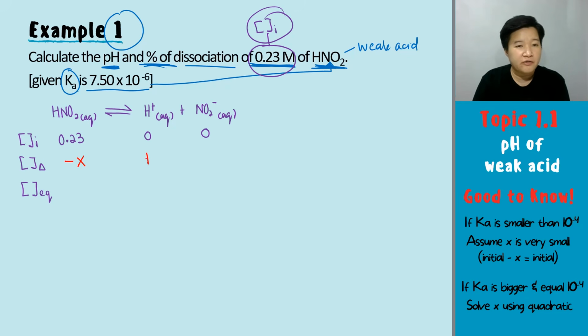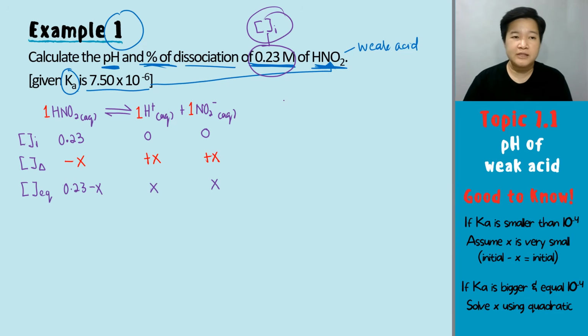Over the product, you have your plus X and also plus X. Everything is in 1-to-1 ratio because your acid is in 1-to-1 ratio with the product. Okay? And that will give rise to your equilibrium 0.23 minus X, 0 plus X equals to X, 0 plus X equals to X.